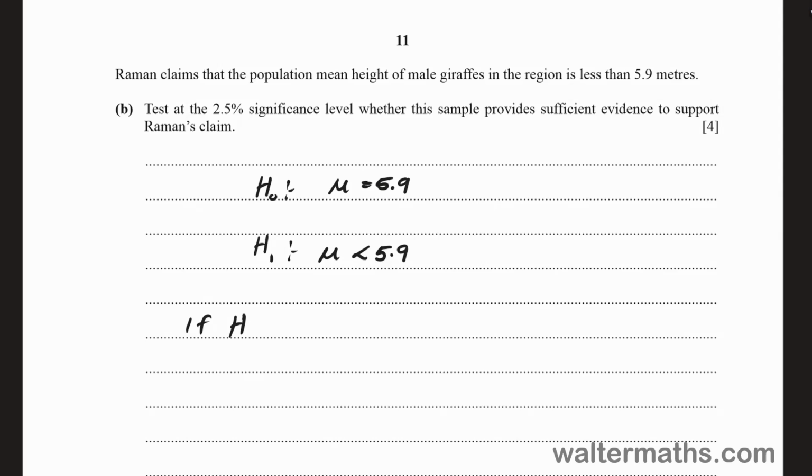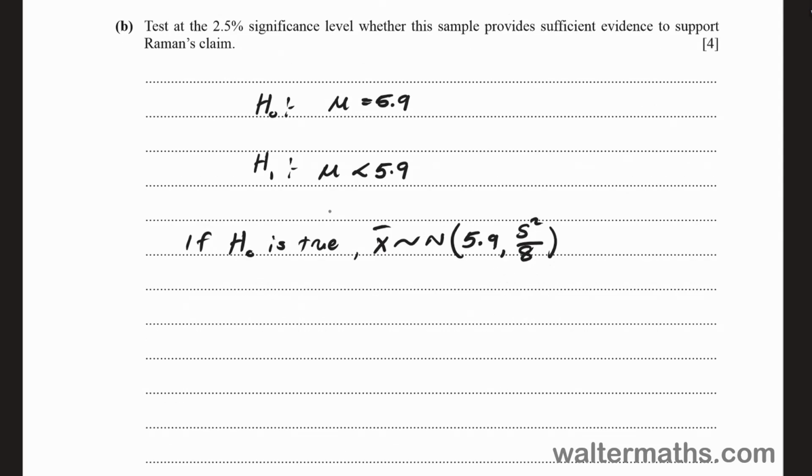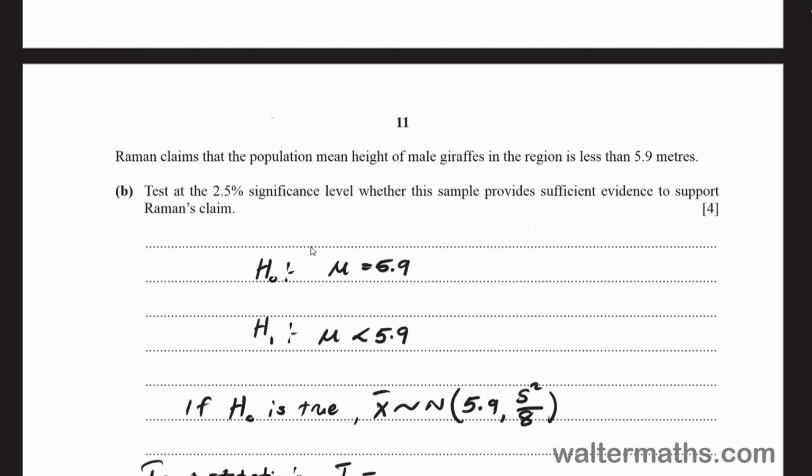If the null hypothesis is true, then the sample mean will follow a normal distribution with the mean mu of 5.9 and variance s squared over n. n in this particular case is 8, right? So we can find the test statistic, which is t, which will be x bar, the sample mean.